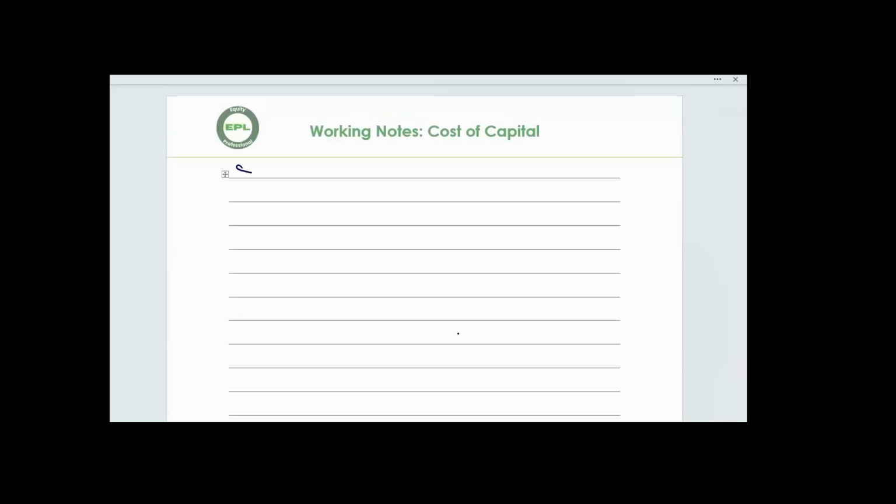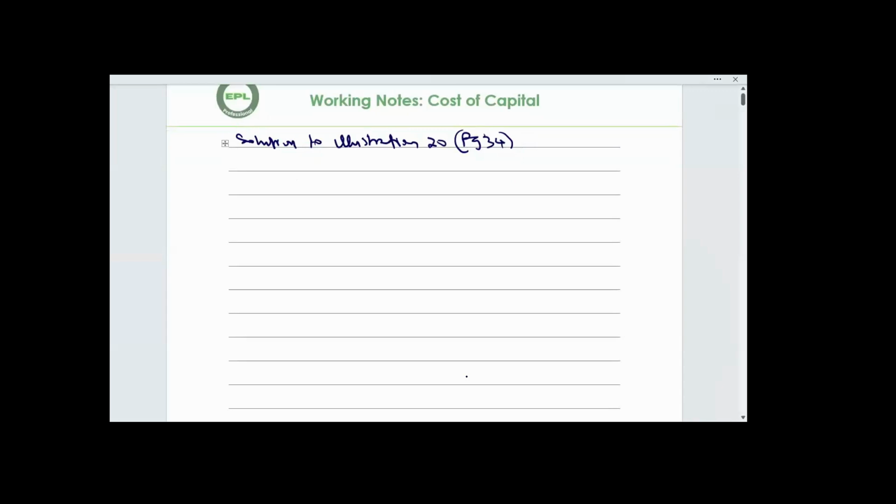Solution to illustration number 20. That is page 34. So the name of the company is Kilimanjaro.